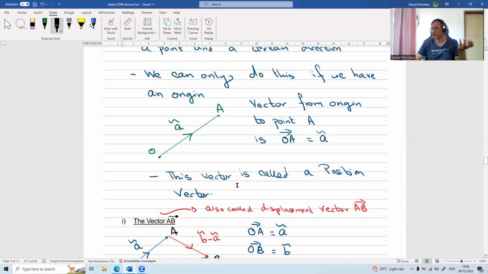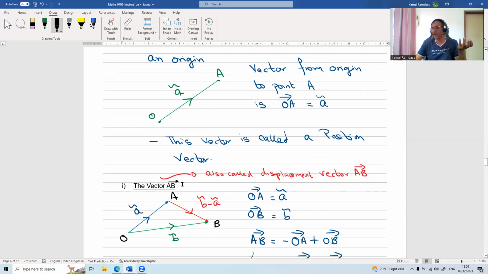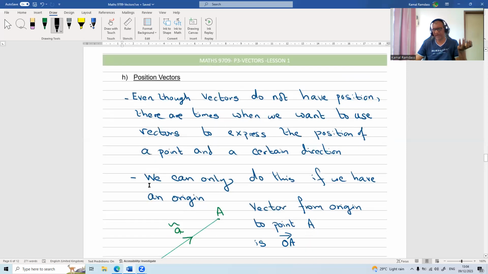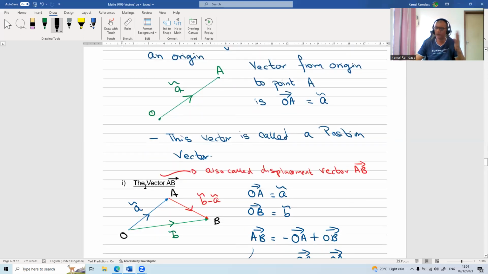This vector is called a position vector with respect to an origin. We can do this in the two-dimensional Cartesian plane, and also in the three-dimensional Cartesian plane.